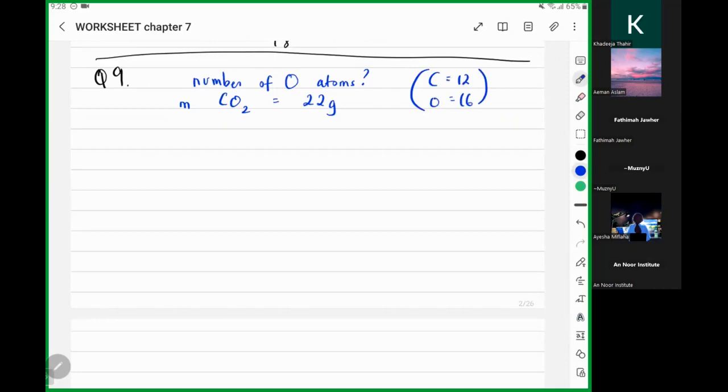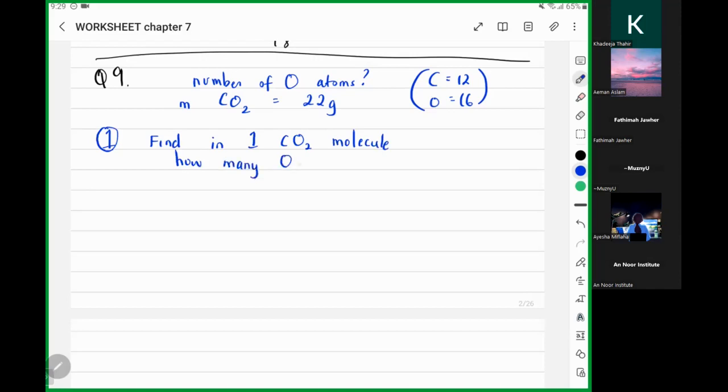You're supposed to know. Now, the first step that you can do is, you can find in 1 CO2 molecule, pay attention, how many oxygens are there? Tell me.